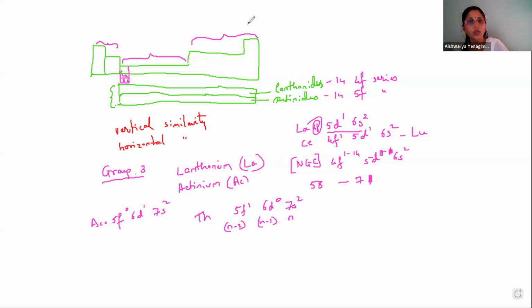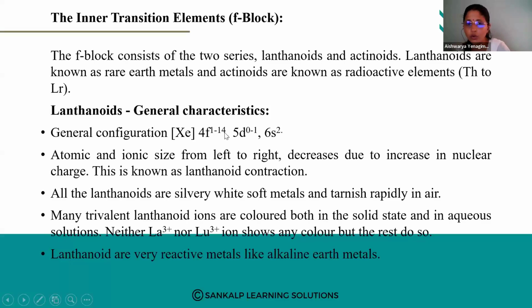So let us move to the next point. So lanthanides, the general configuration is 4f 1 to 14, 5d 0 or 1, 6s2. When we talk about the atomic size, a very important concept we'll be covering here. So what is atomic size? We have regularly discussed atomic size, and in the D block we have seen the atomic size variation.